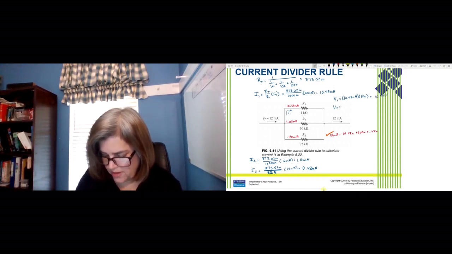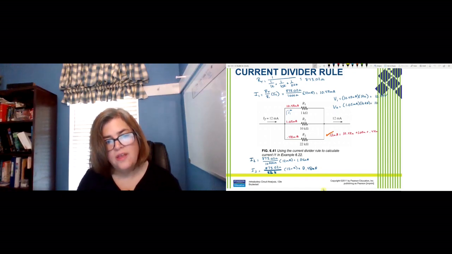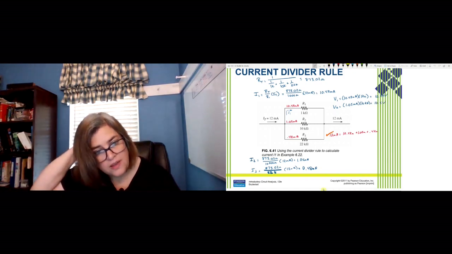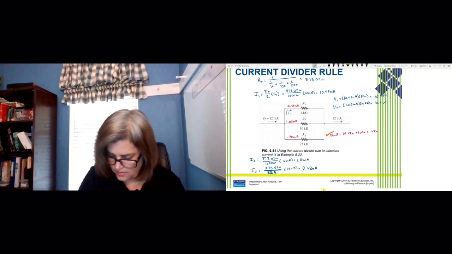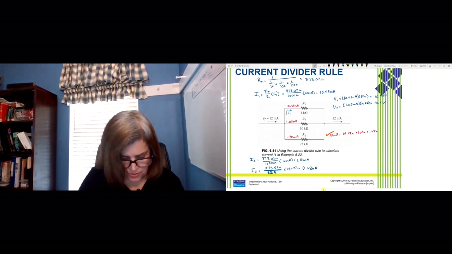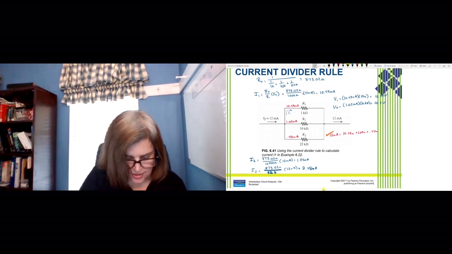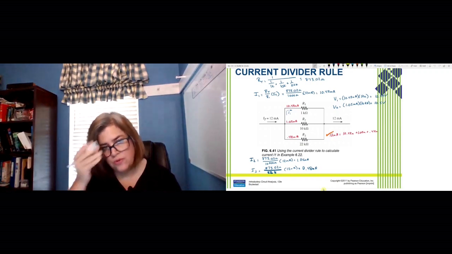Well, 1.05 milliamps times 10,000 ohms, or about 10.5 volts, okay? So about the same thing, and if we multiplied the 22K times the 0.48, again, we should get right at about 10.5 volts.